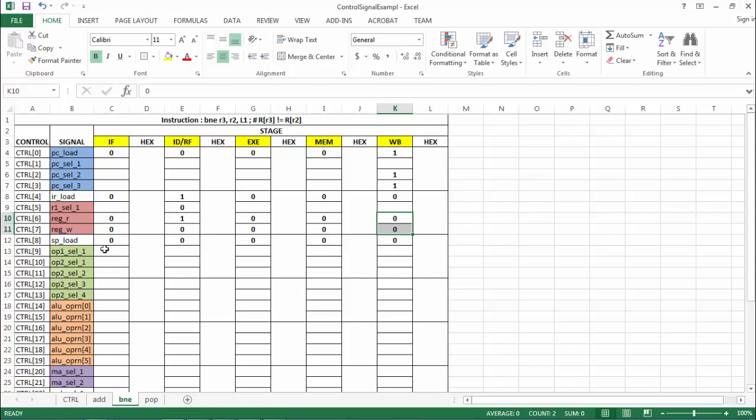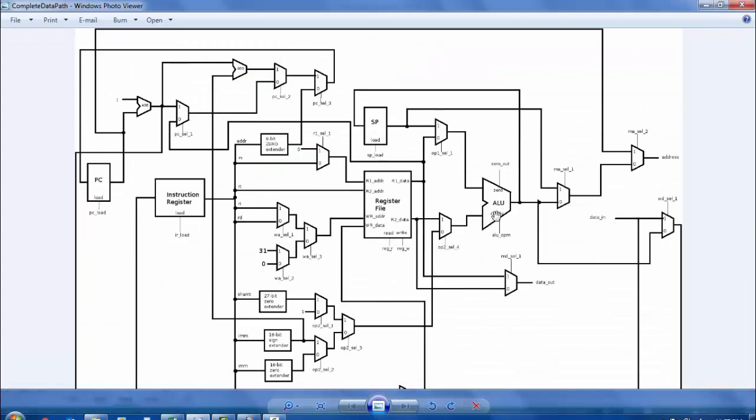However, the OP1 selection is important because remember this BNE is implemented with the sub operation, right? It is a subtraction operation. The controller does a subtraction between R1 and R2, and then tests this 0 out signal to make sure they are equal or not, because if they are equal, subtraction will result in 0, otherwise not.